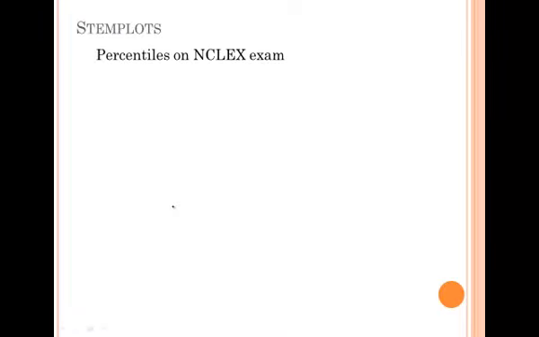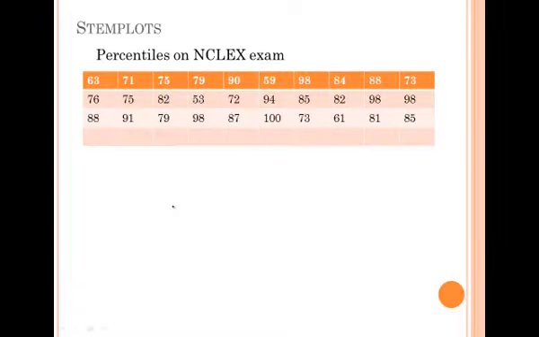So let's go back to those percentiles that we were talking about earlier. And you can think about what's the minimum score. Well, the minimum score is, I think, 53? And the highest score was 100, because that's the highest percentile. Well, technically the 99th percentile, but we'll let that slide for now. So these are going to be our stems.